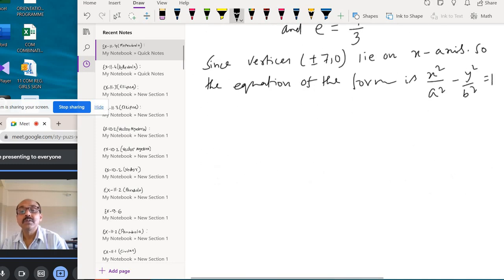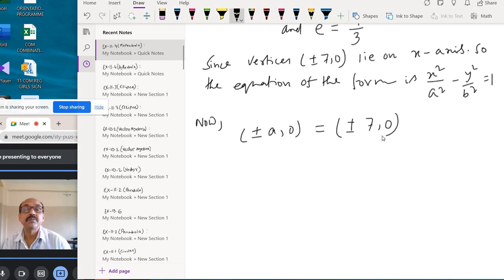Now the vertices are plus minus a comma 0, equal to plus minus 7 comma 0. Comparing both sides, a equal to 7, therefore a square equal to 49.